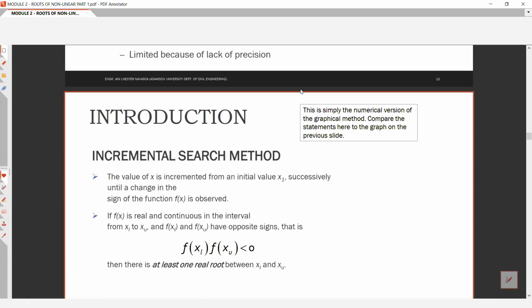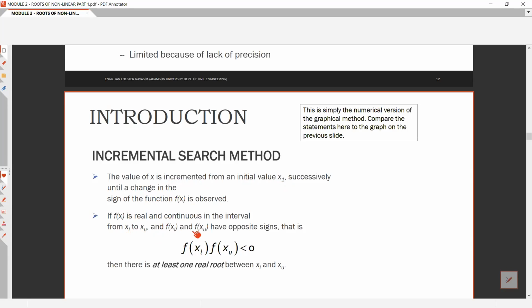So imagine kung hindi ka nagawa ng program or hindi ka ikaw yung gumagawa, napakatagal paghanap ng roots. Okay? So the values of x incremented from initial value of x1, okay, successively changed in a sign of the function f of x is observed. Okay? If the f of x is real and continuous in the interval from x left to x upper, okay?